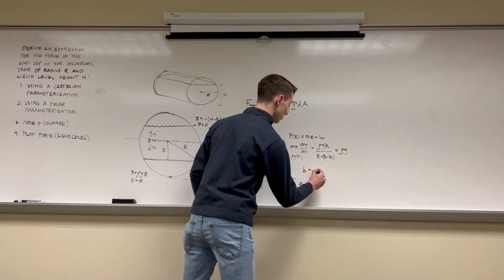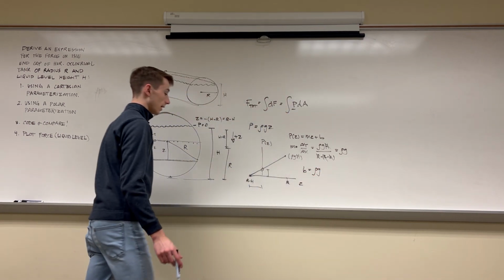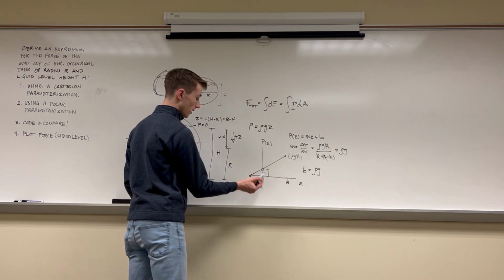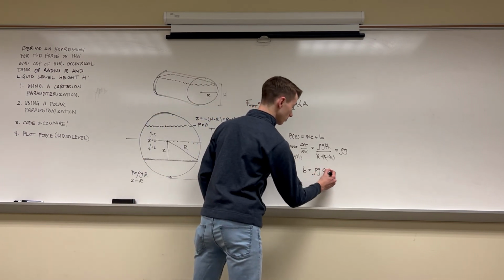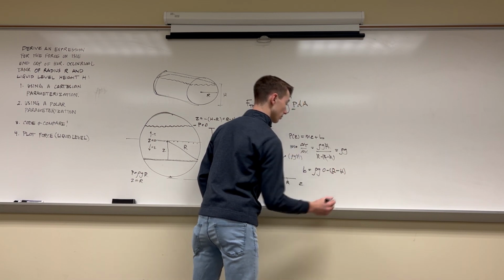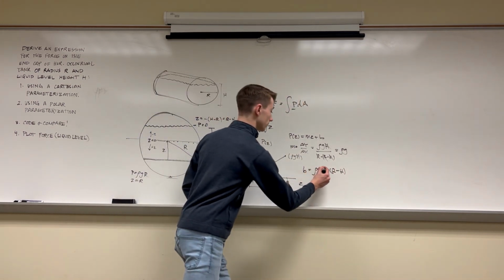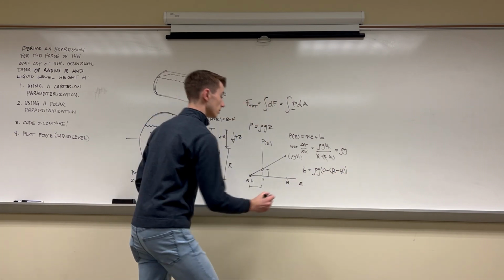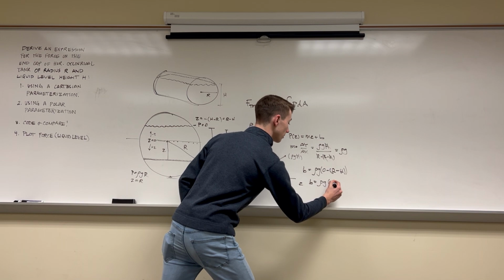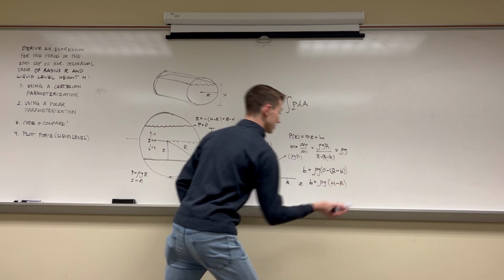The slope is rho g. And the distance from here to here is 0 minus r minus h. So b equals rho g h minus r, right?